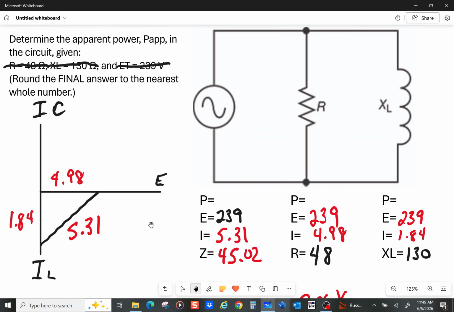And like we said, we're going to go ahead and multiply up and get our P values. So I'm going to use the 5.31 value, multiply by 239 volts for source, and that gives me 1269.09.